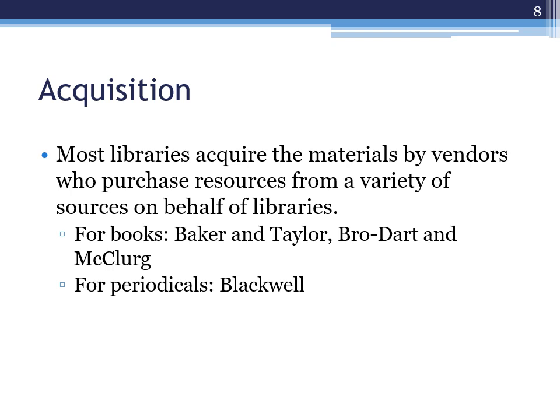Examples of such vendors are Baker and Taylor, Broadart, and McClure for books. And for periodicals, there is Blackwell. The vendors attempt to meet our librarians' needs by putting reviews online and indicating the reading level.